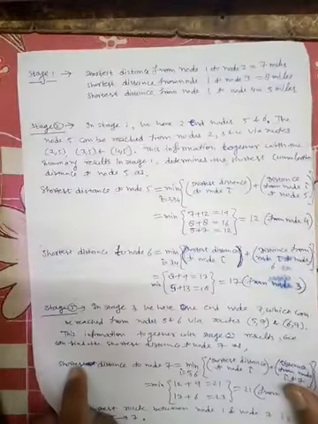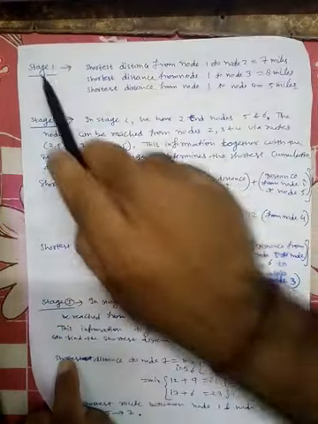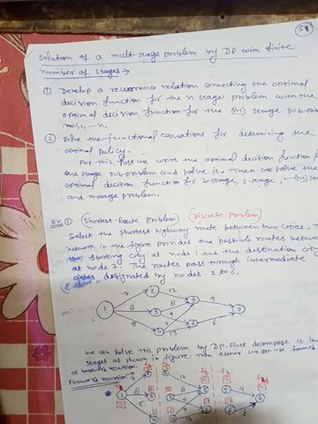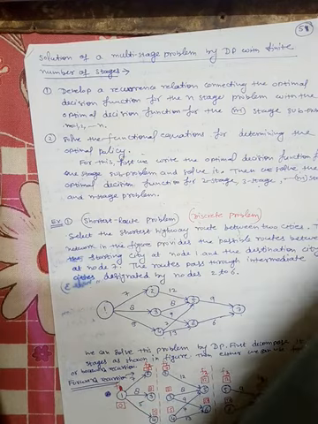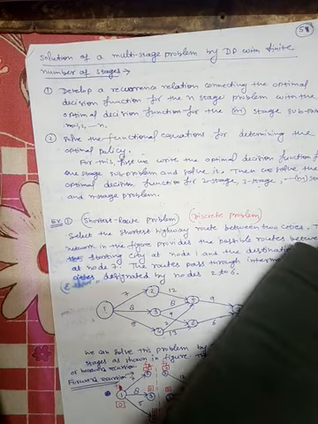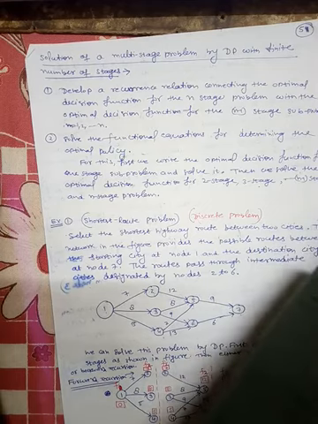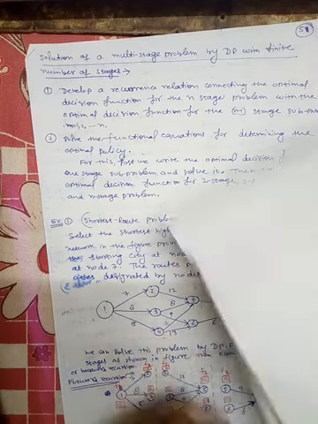Here now, stage 1. So here we will write this network, otherwise we will have a problem. तो इसको एक separate page पे हम बना लेते हैं. Here we can construct this.